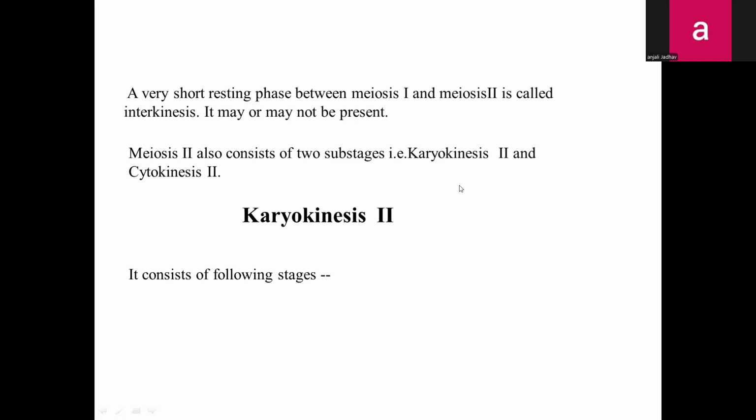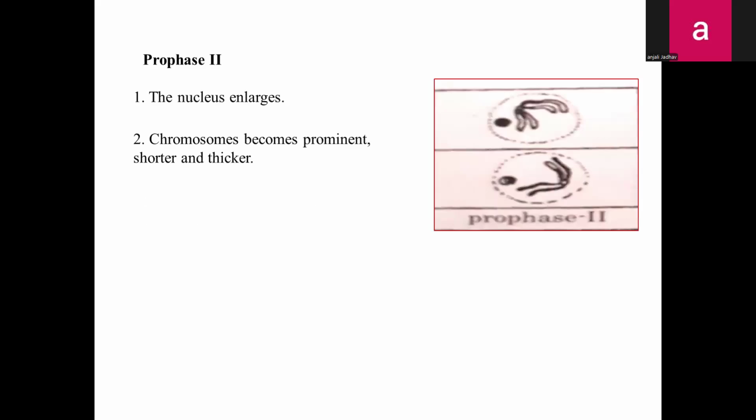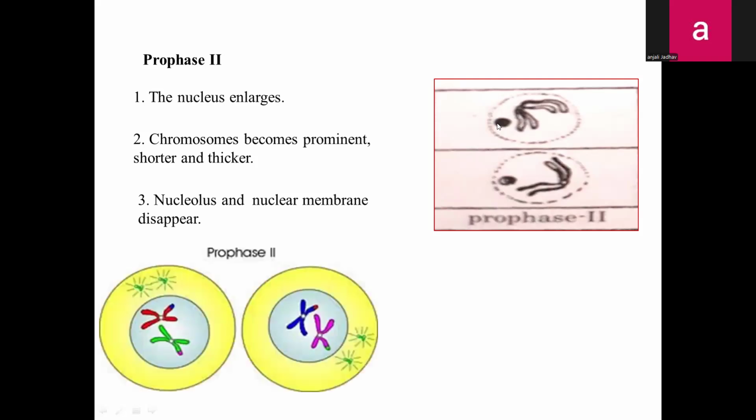Karyokinesis 2 consists of following stages. Prophase 2, nucleus enlarges. You can see nucleus enlarges. Chromosome becomes prominent, shorter and thicker. Nuclear membrane and nucleolus disappear.